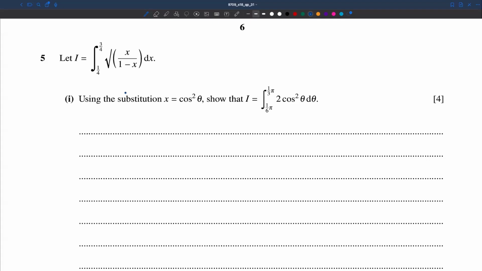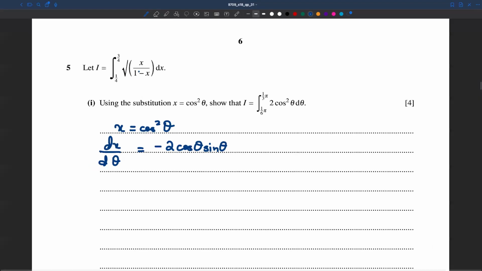In substitution, the first step is always you differentiate the given substitution. So as x is equal to cos²θ, dx by dθ will be equal to 2 cos θ, and the derivative of cos θ will be minus sin θ. So let's put a minus over here and sin θ, right?